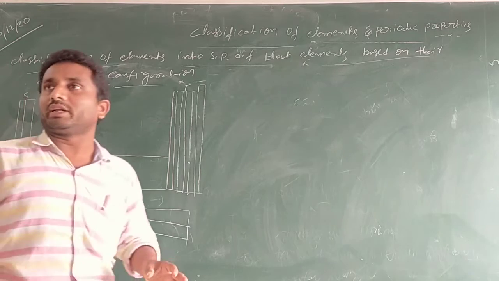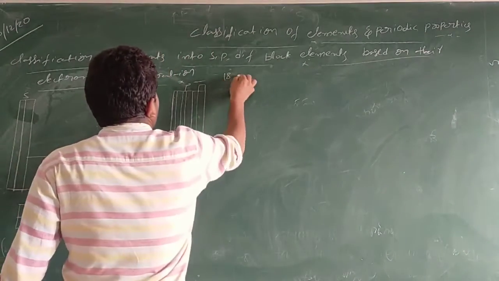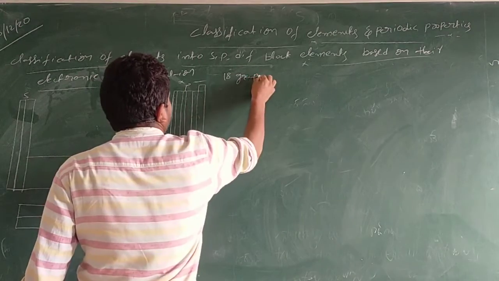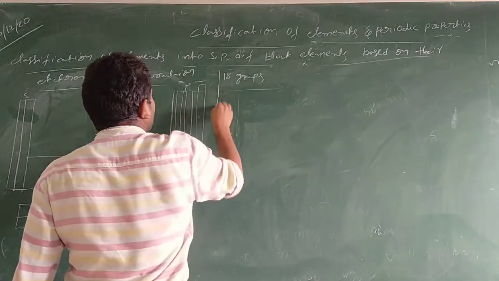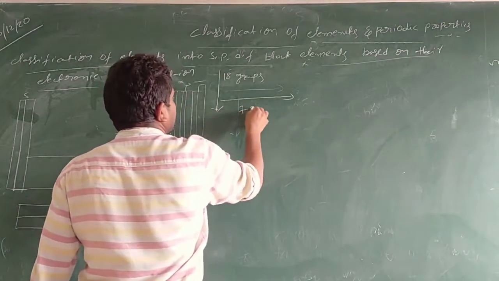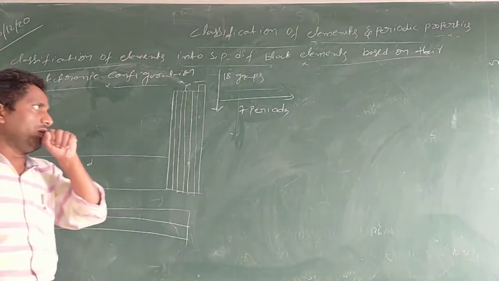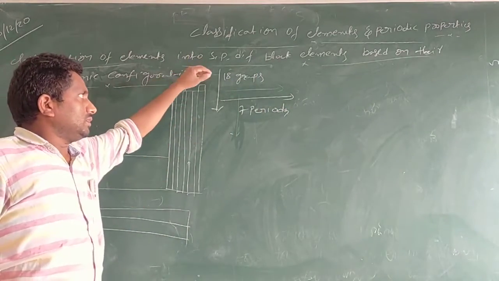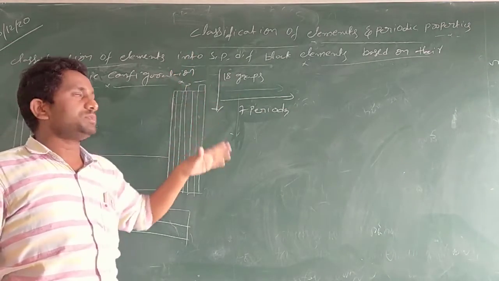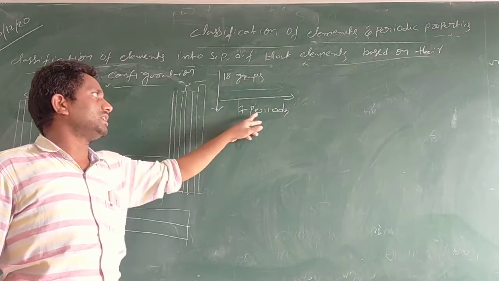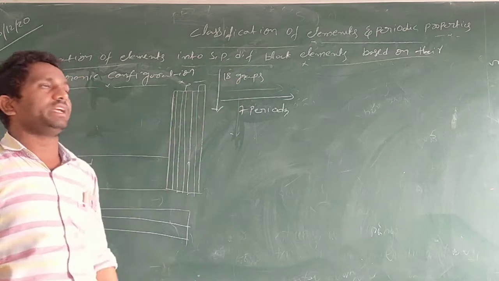The total periodic table is classified into 18 groups and 7 periods. Vertical line series are known as groups and horizontal line series are known as periods. Total 7 periods and 18 groups.